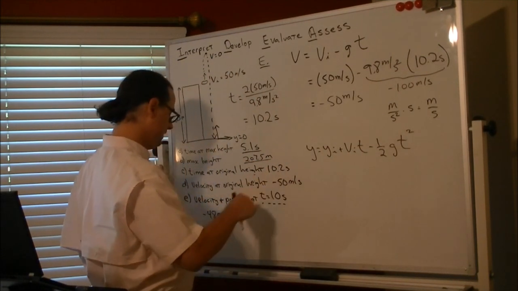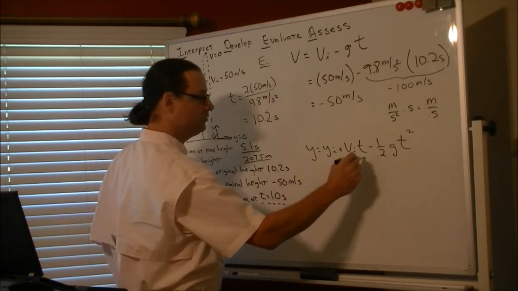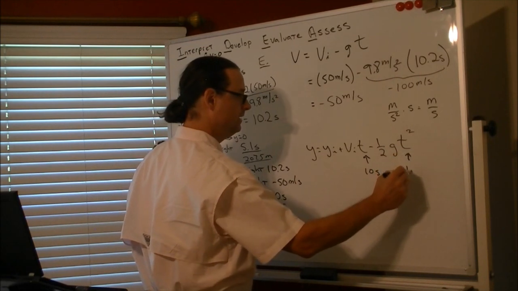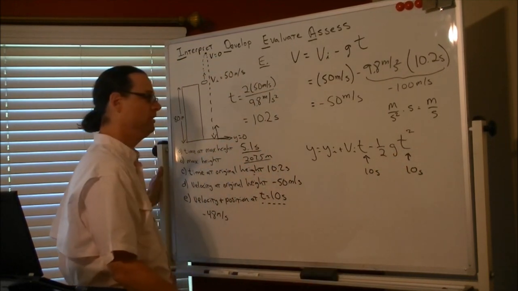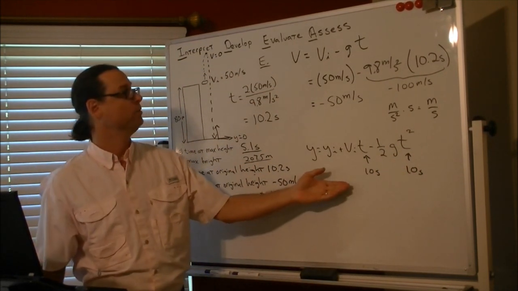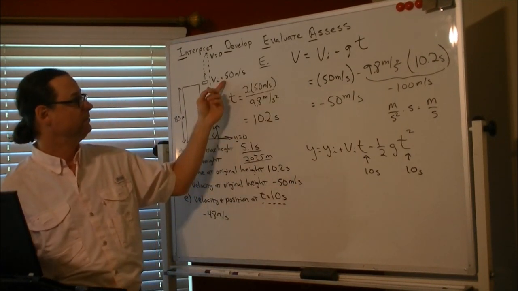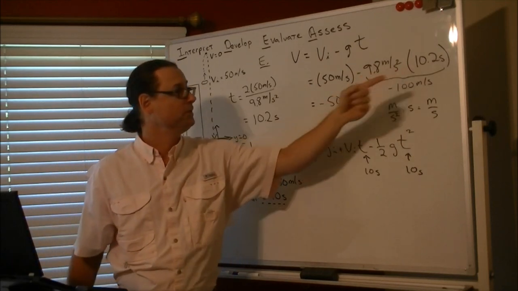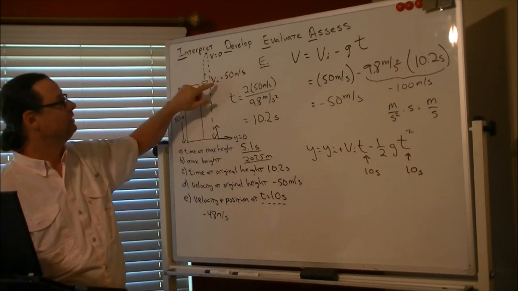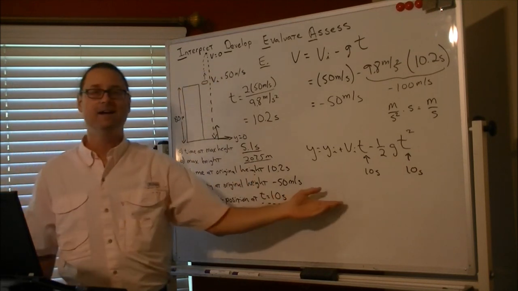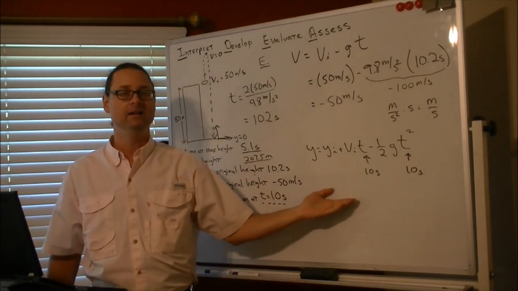And so now to get the position at 10 seconds, we're just substituting in 10 seconds here and 10 seconds here. And then once you get that number, to assess it, I'd compare it with 80 meters. If at 10.2 seconds you had gone up and come back down to 80 meters, at 10 seconds you're just going to be a smidge above 80 meters, and that will provide your assessment.